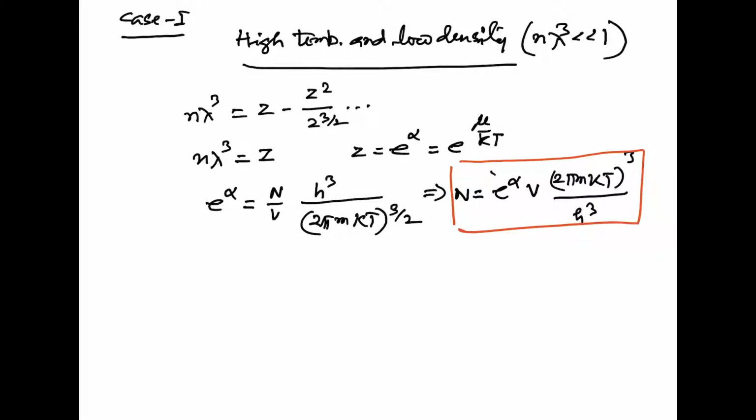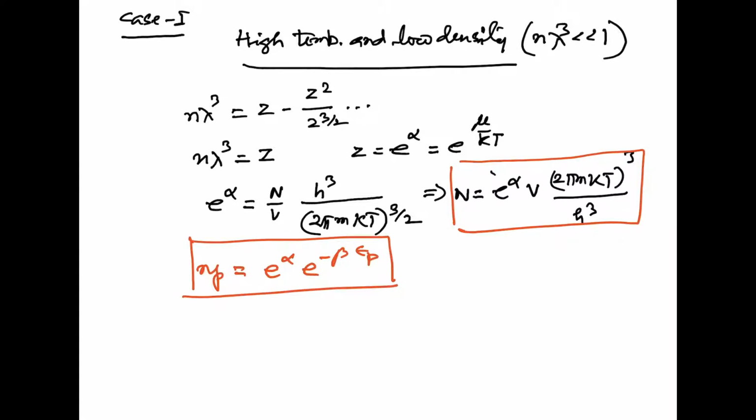leads us to believe that n_p, that is distribution function, is given by e to the power alpha into e to the power minus beta epsilon_p, where p is the state, that is pth state, energy is epsilon_p, which is the Maxwell-Boltzmann distribution function.